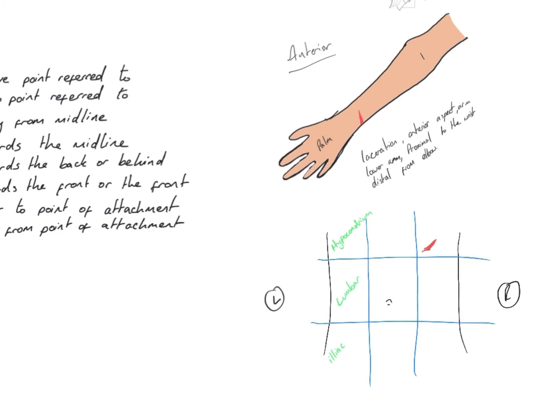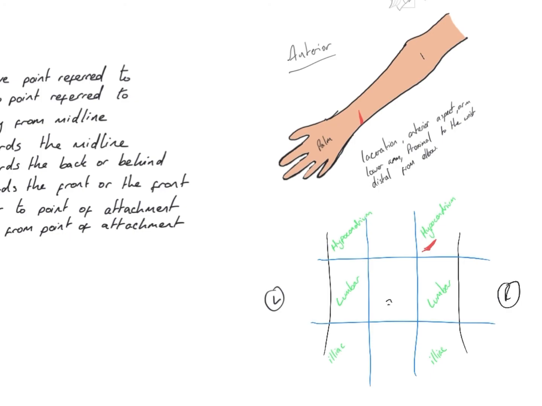Now actually on the other side it's exactly the same, but as you can probably guess, all we do is use the pre-word left or right before it. So we've got the hypochondrium again, the lumbar again, and the iliac region again. So in this case, this patient's been stabbed in the right hypochondrium, or the right hypochondrial region.